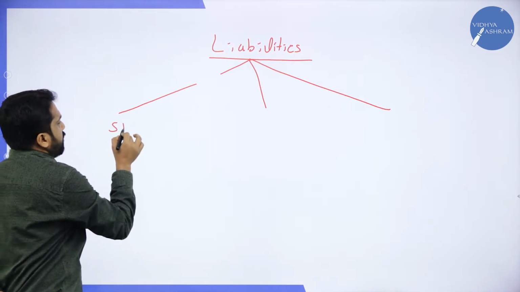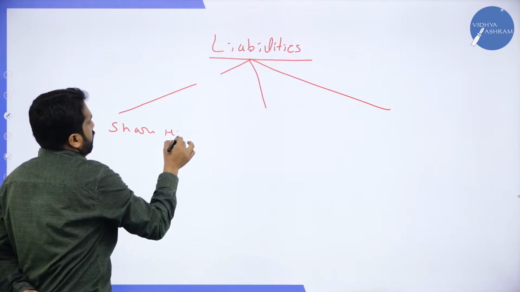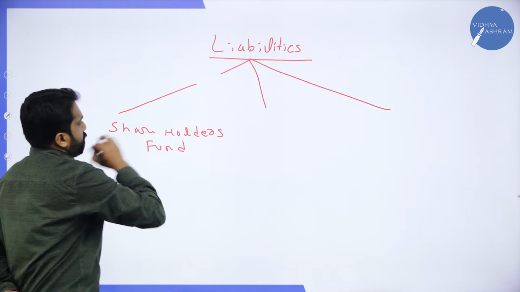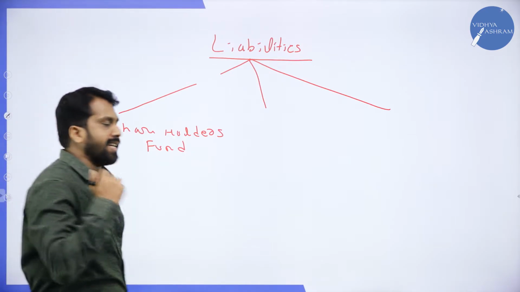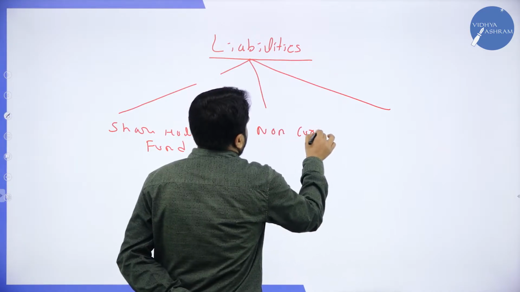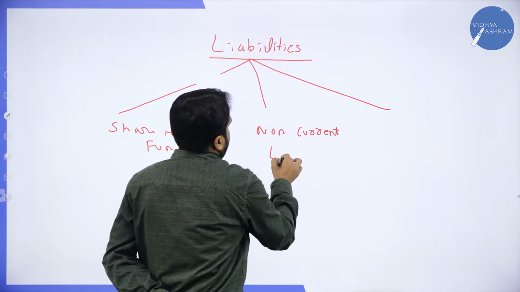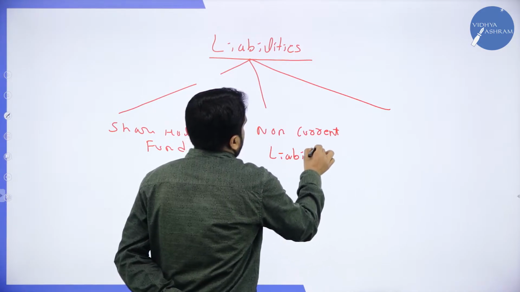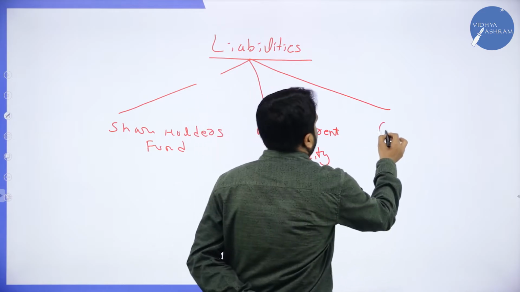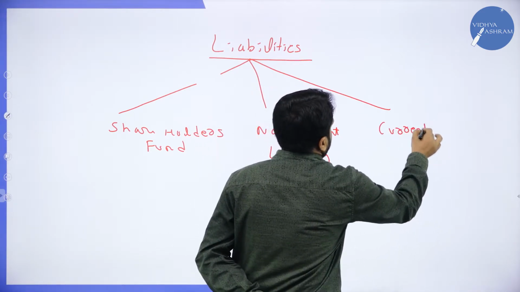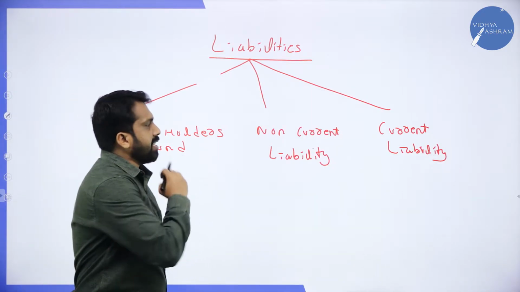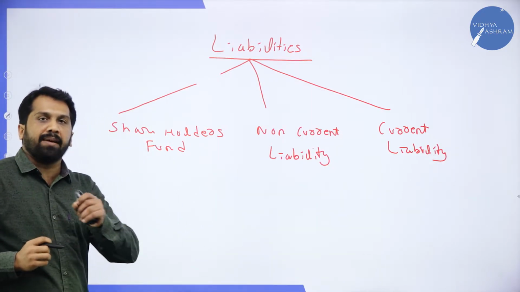First one is shareholders fund. Second one, non-current liability. What is the third one? The third one is current liability. So these are the subdivisions under liabilities.